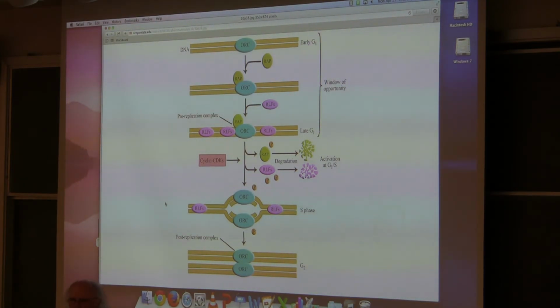At that replication origin, replication forks. One goes this way, one goes this way, and they go up here and they meet at the top. Okay? One origin, two replication forks. They run into each other at the top, and everybody's done. You've replicated a bacterial DNA.